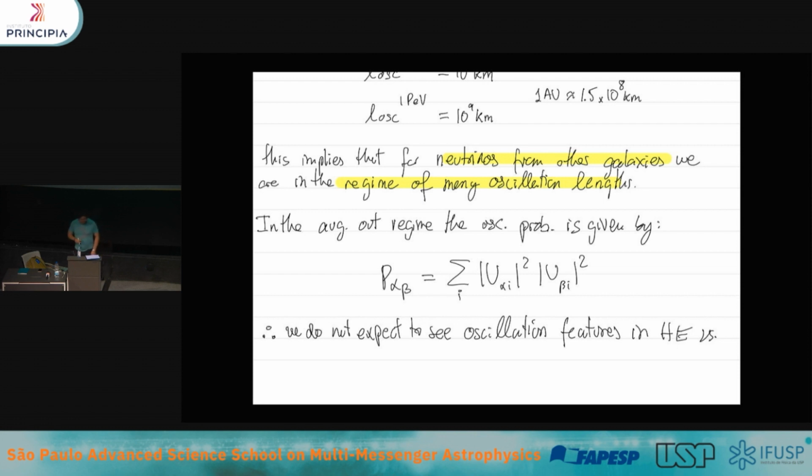At the moment, we are not 100% sure if the neutrinos actually separate their wave packages or not. But at the end of the day, it doesn't matter for us, because unless somebody figures out how to have awesome energy resolution and spatial resolution, you cannot distinguish the case where the wave packets are separated from the case where you just average out the oscillations. So that's, I think, neat.